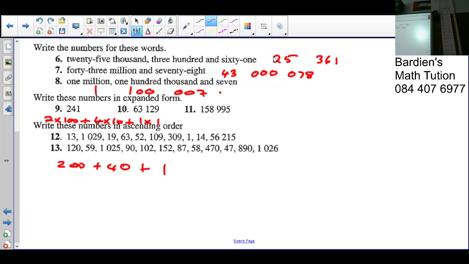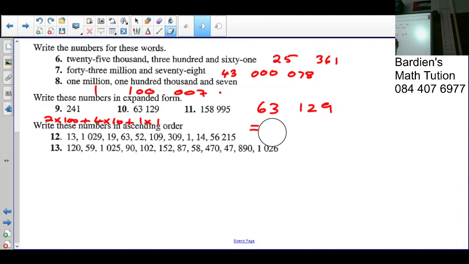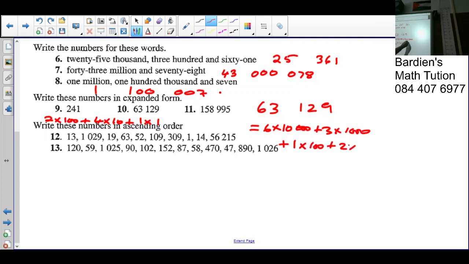Okay. The next one, number 10. 63,129. It will be 6 times 10,000 plus 3 times 1,000 plus 1 times 100 plus 2 times 10 plus 9.